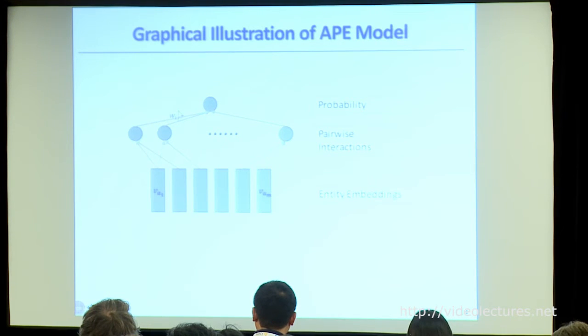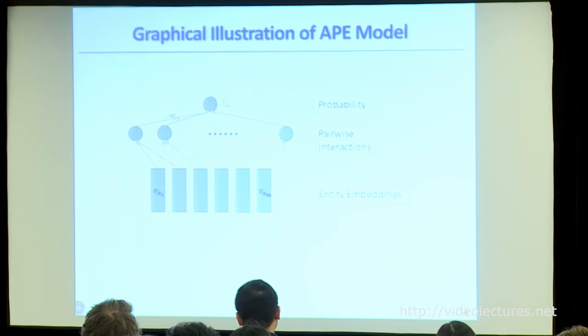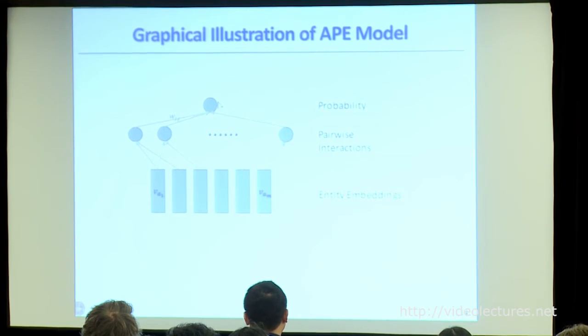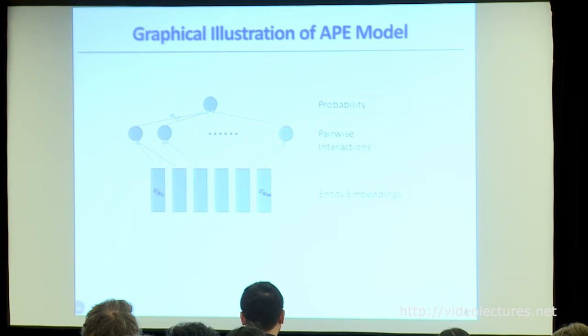And then we associate each pair of interaction with some sort of weight, trying to say which type of interaction is more important or not, right? And then we get a score function for every event. Then we use the softmax function to map that score function to a probability. So now we can write down the probability for every event.